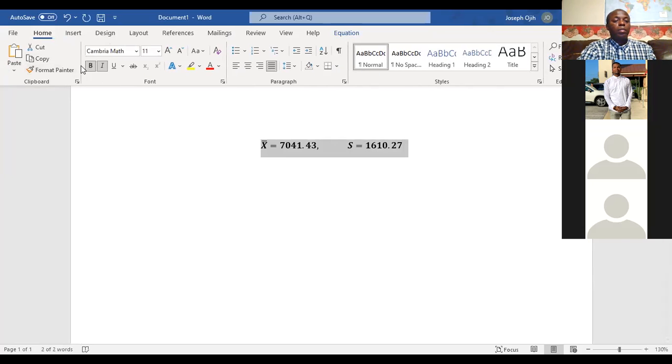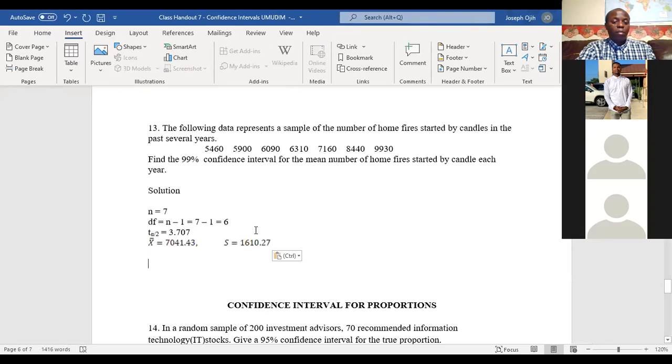So we have these two values. We can now calculate our error margin, the same way we calculated the first one.